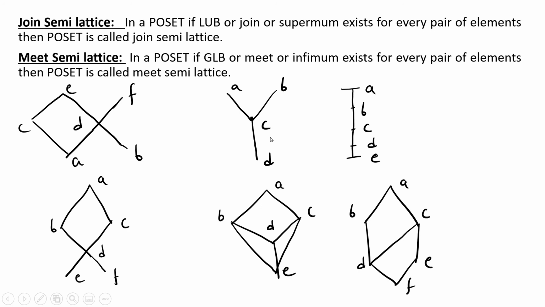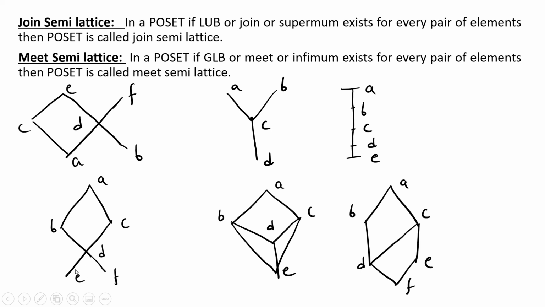Then for the C, D pair there is a greatest lower bound also, and for the A, B pair there is also a greatest lower bound. So this is a meet semilattice, and this is a meet semilattice also because for the D, E pair we have a GLB.